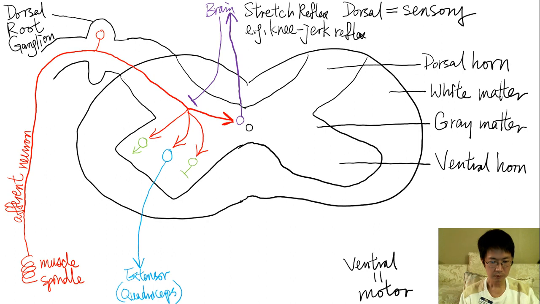And what about this one? This one, the inhibitory neuron, goes to your flexor. What is your flexor? For example, your hamstring.